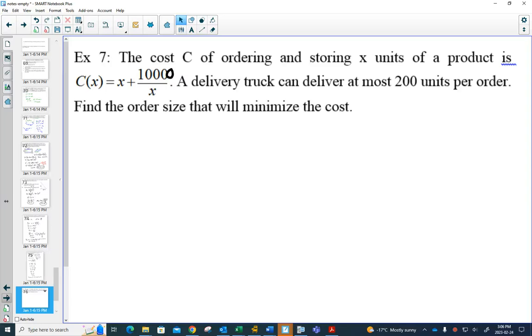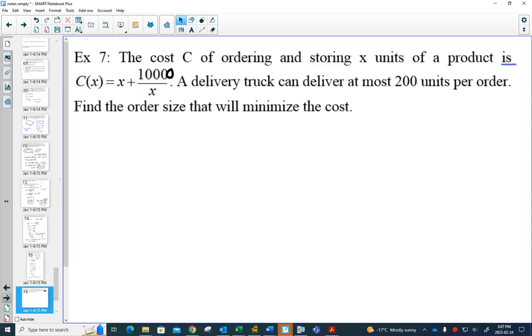So this is where businesses start to look at these problems and use calculus to make as much money as possible, okay? The cost of ordering and storing X units of a product, they've got an equation that they've developed for this, right?